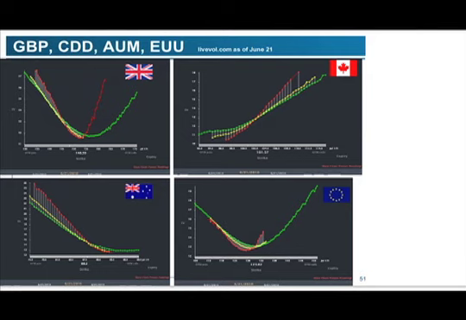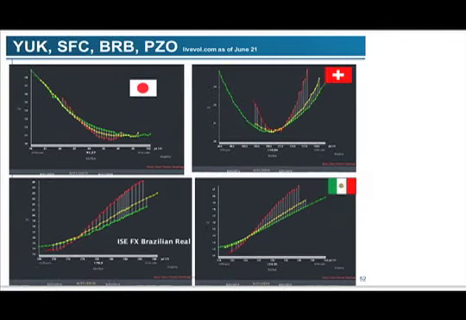These skew charts really don't predict actual direction. They help you understand how volatile the expected variance, I should say, might be in the future. So here's the yen, the downward slope. Swiss franc is more like the pound and the euro.